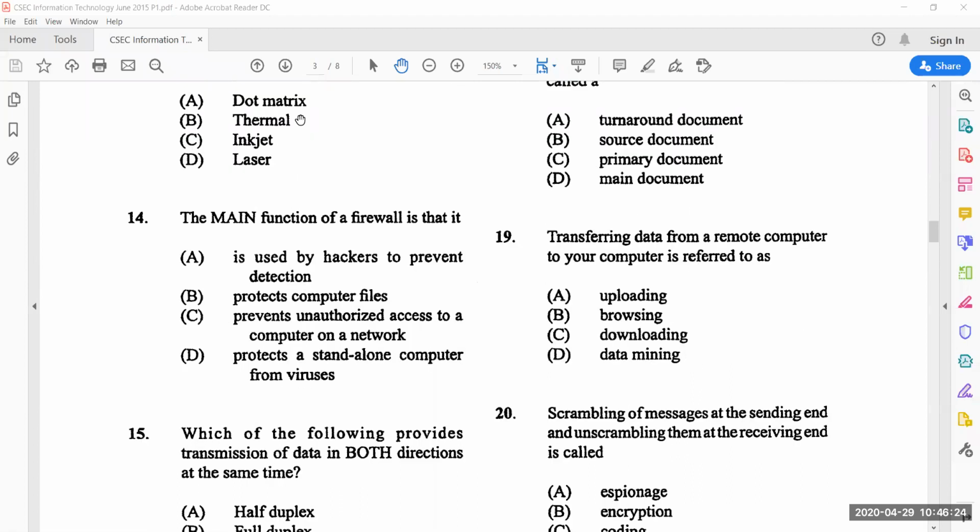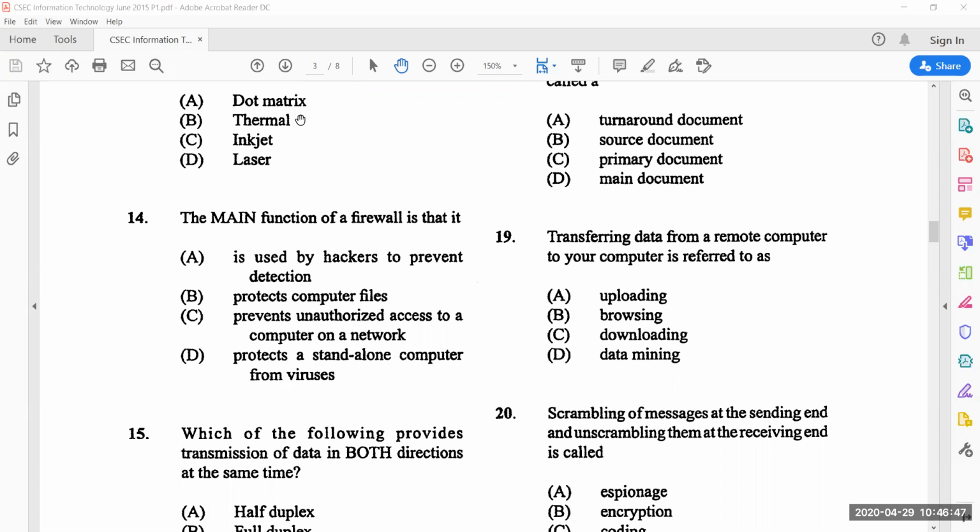The main function of a firewall is that it what? Which is the main function? Yes, that is correct. It prevents unauthorized access to a computer on a network. Right?